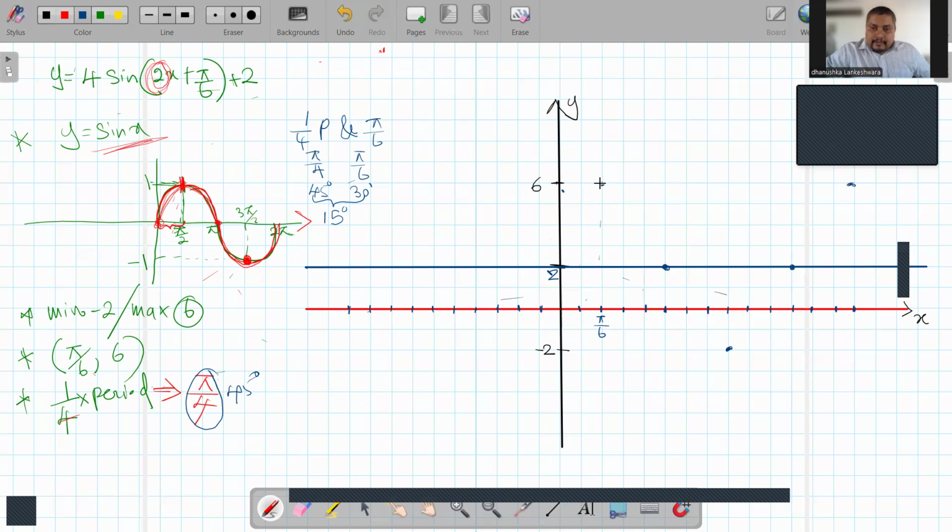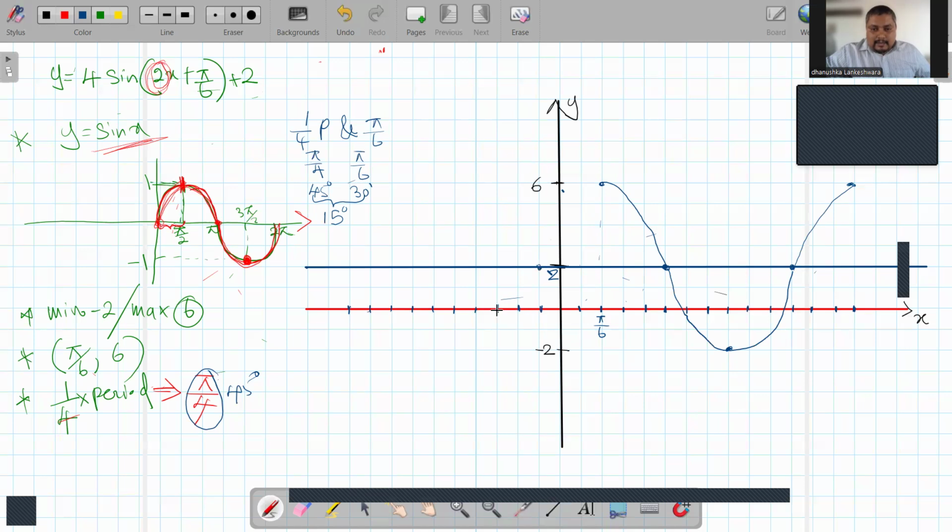Right. So if I draw, okay. And for the other side, 1, 2, 3, so it comes over here.